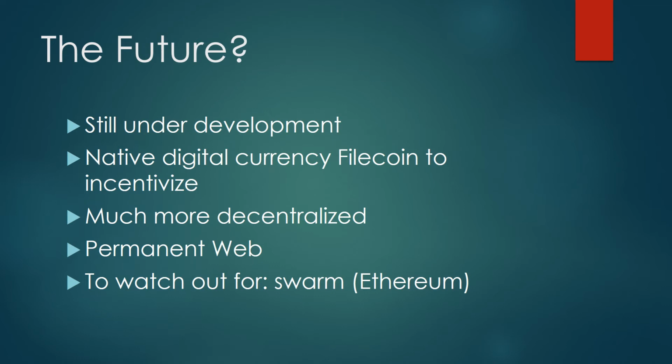To incentivize storage providers to store your data, it has its own native currency called Filecoin. It is not released yet, still under development. You can basically pay in Filecoin to make sure data is redundant on the network and stays permanent on the network.